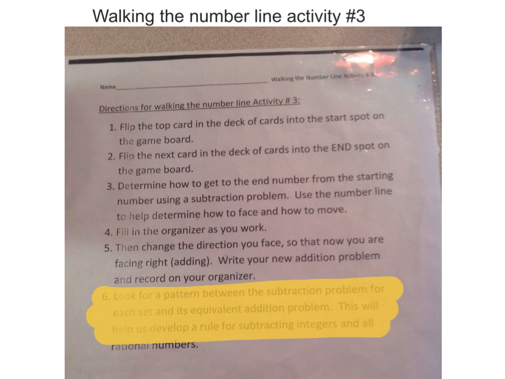This is going to help us come up with a rule for subtracting integers. So your goal is to look for the pattern and make a connection between the subtraction problem and addition problem, and that's going to help you write your rule. So good luck, and if you have any questions, make sure you refer back to this video before you ask me any questions.